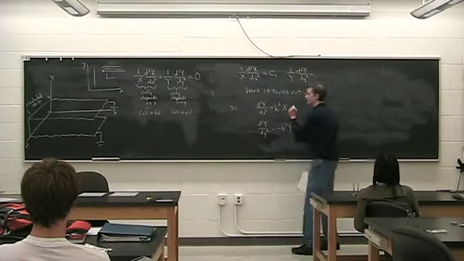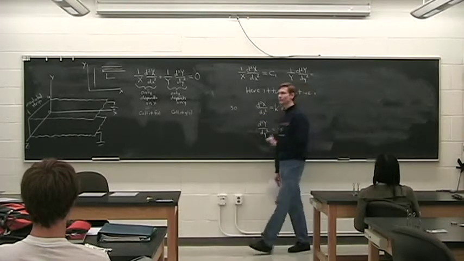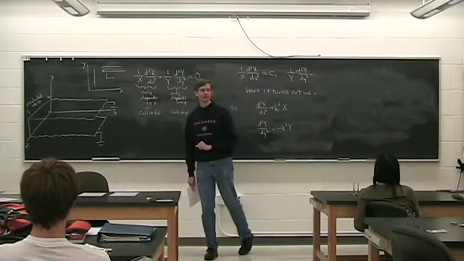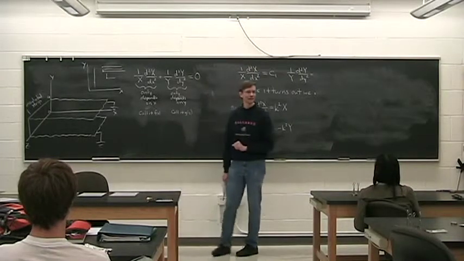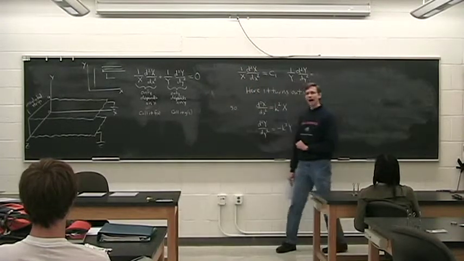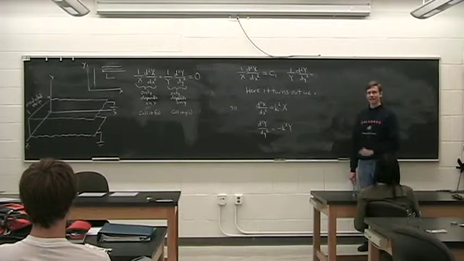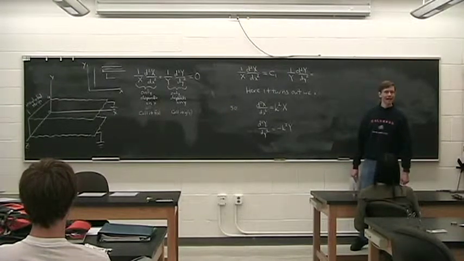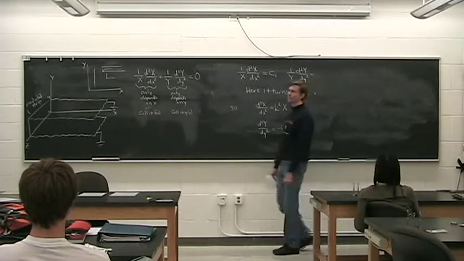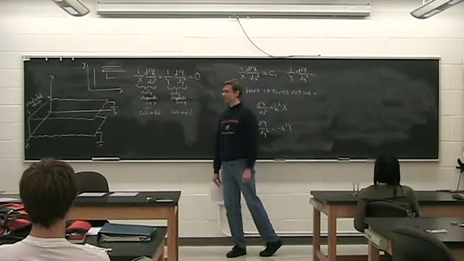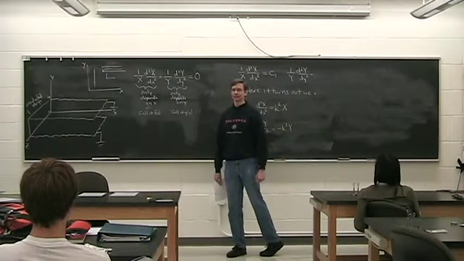There's another one that works too, which we expect. It's a second order ordinary differential equation, so there should be two linearly independent solutions, as you will recall from your differential equations class. What's the other linearly independent solution? e to the kx and e to the minus kx, right? Because e to the minus kx gives you minus k e to the minus kx. Differentiate again, you get minus k times minus k e to the minus kx, or k squared e to the minus kx.